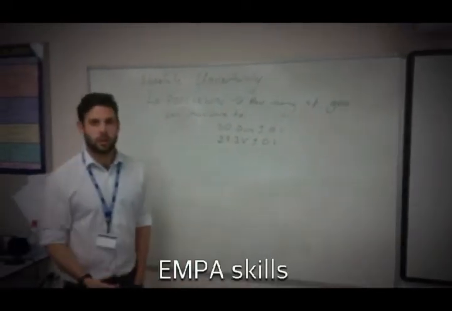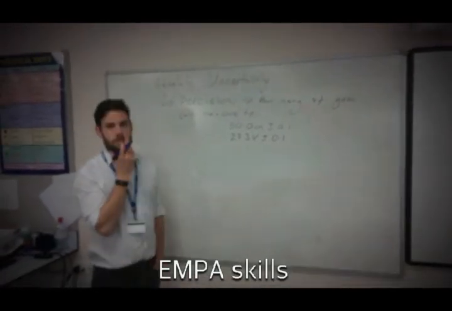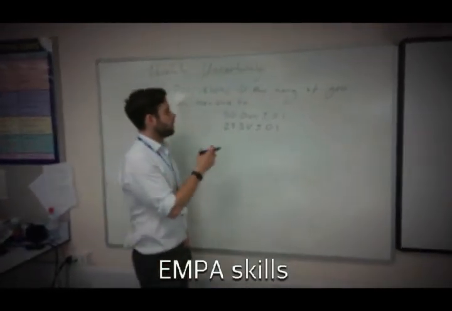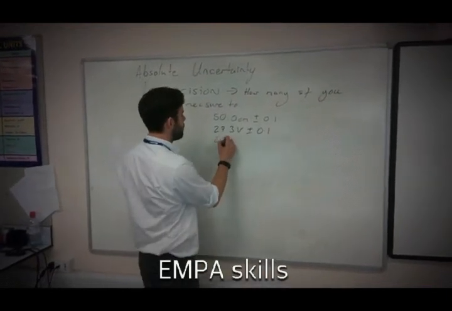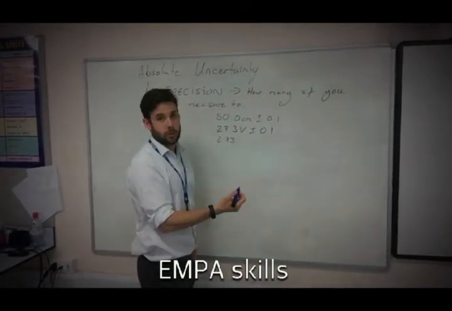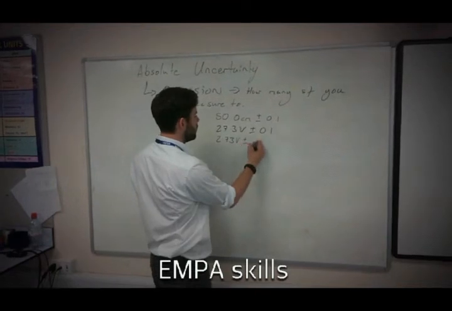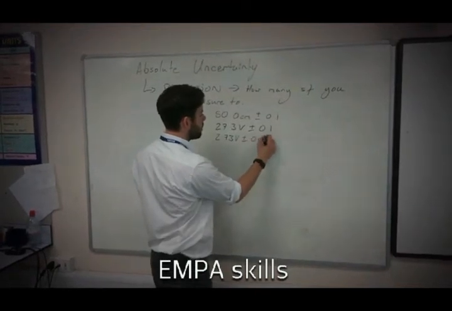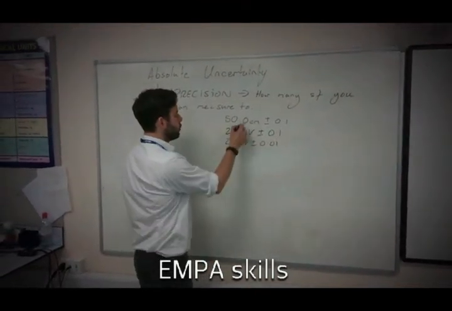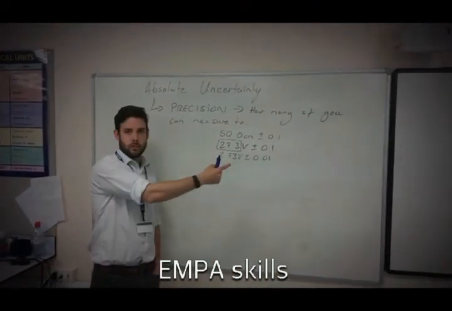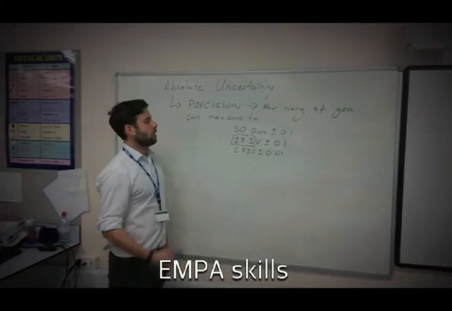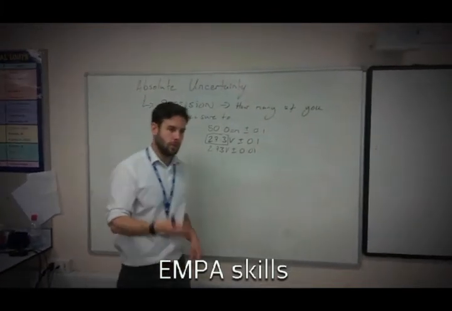Does the voltmeter measure to 0.01, or is that the ammeter? This is what is different. It depends on the equipment. So if it was 2.73 volts, then it'd be plus or minus 0.01. So your reading determines your precision. Your precision is the smallest increment you can measure to.